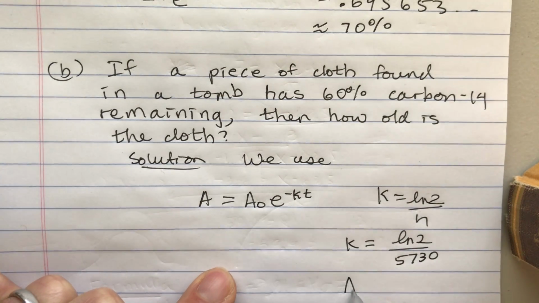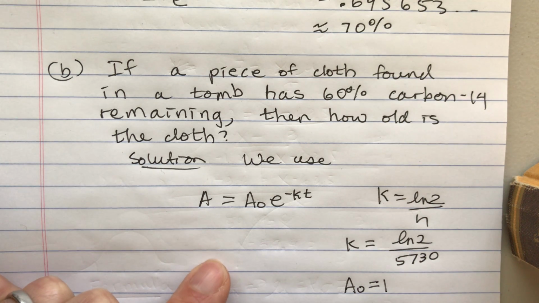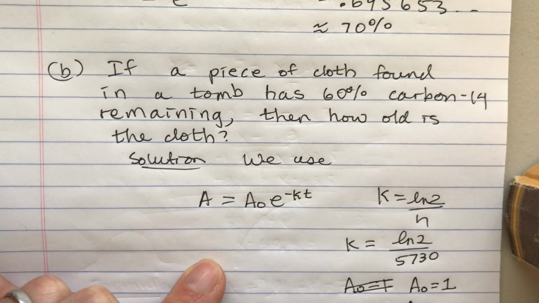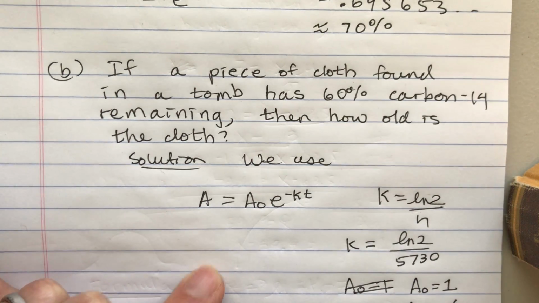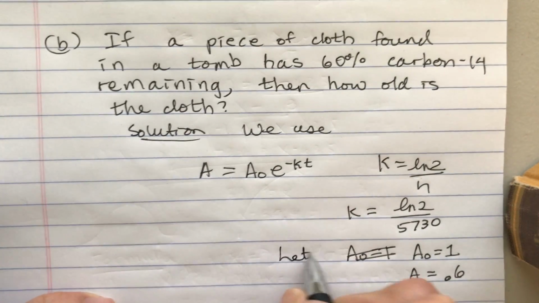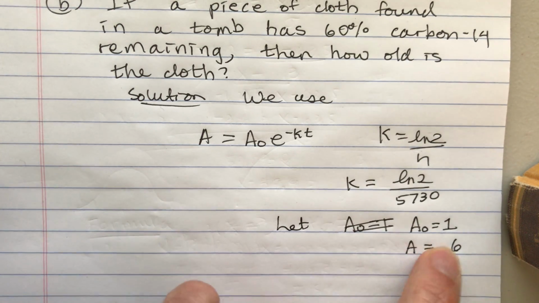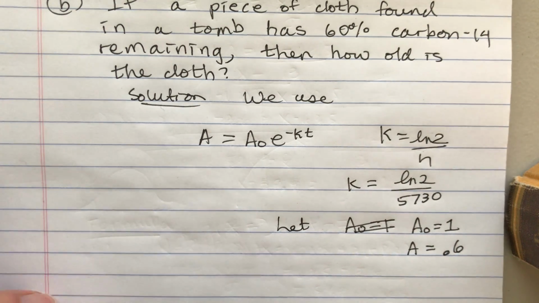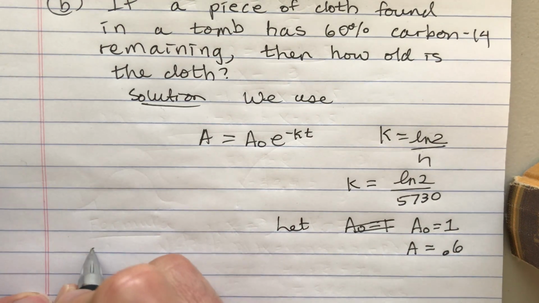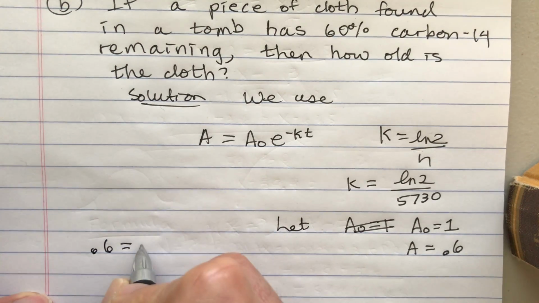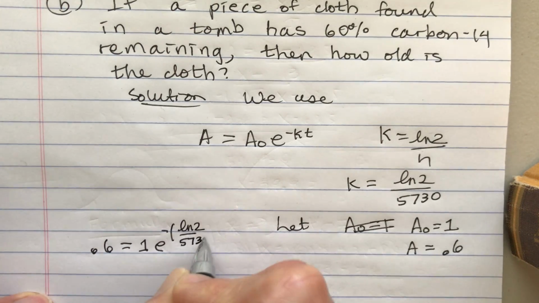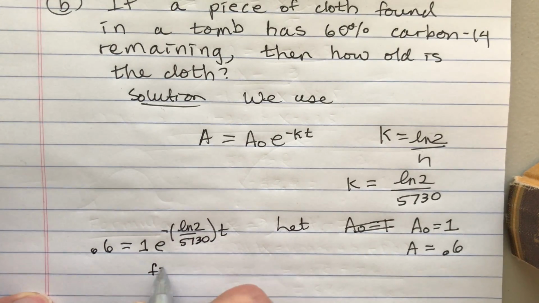And we're also going to use that A0 is equal to 1, and that A is 60% of 1, which is 0.6. It'll turn out exactly the same if you let A0 equal 100, and then 60% of 100 is 60. So if I have 0.6 equals e to the negative ln 2 over 5,730 times t, we're going to try to find t.